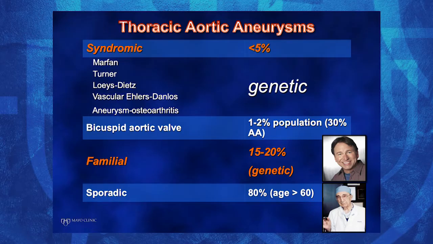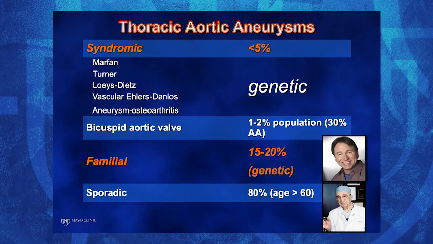And then again, bicuspid aortic valve is associated with about 30% chance of developing enlargement or aneurysm of the thoracic aorta. Once again, in the familial form, when you have a patient that has family members that have this disease, there is a genetic battery of tests of all the genes that have been discovered that we can test on them.